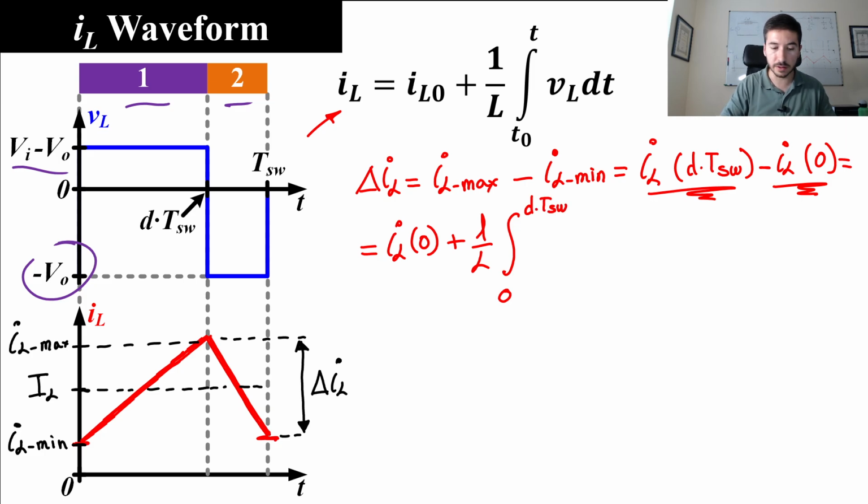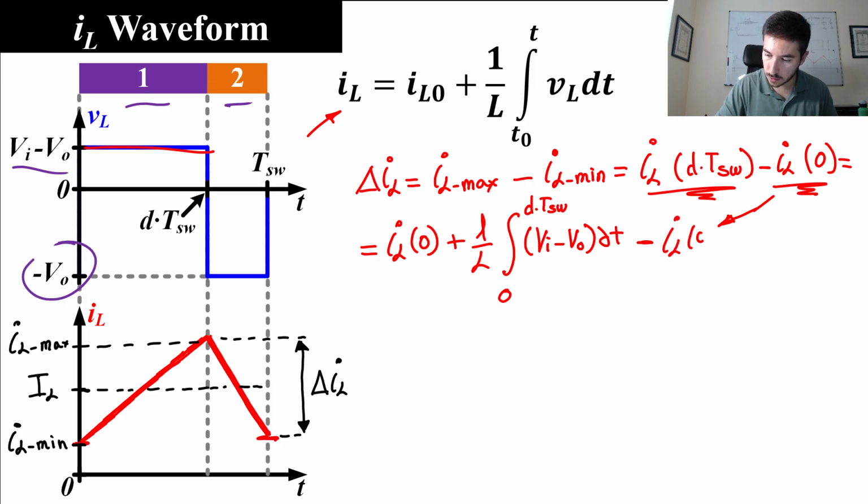And I have to consider the voltage that I have in state number 1, Vi minus Vo. And now I have to put the second term. So I put minus the initial current.